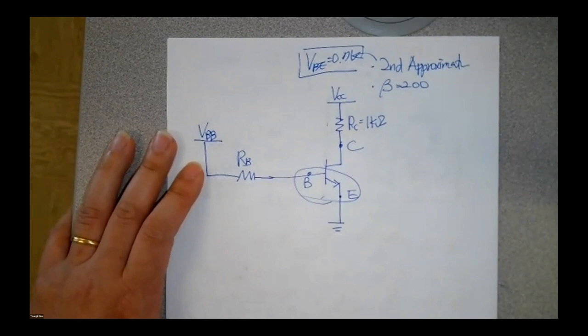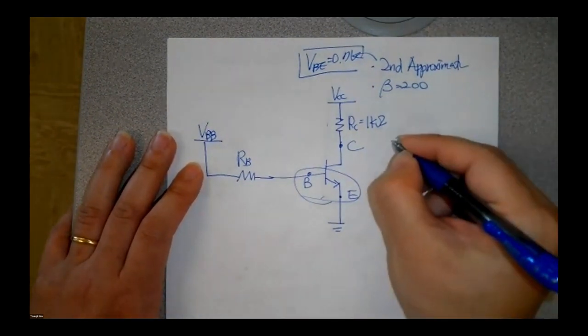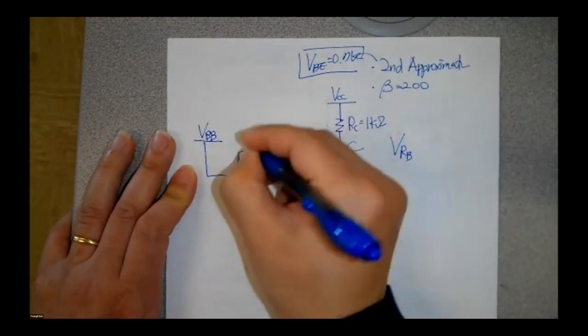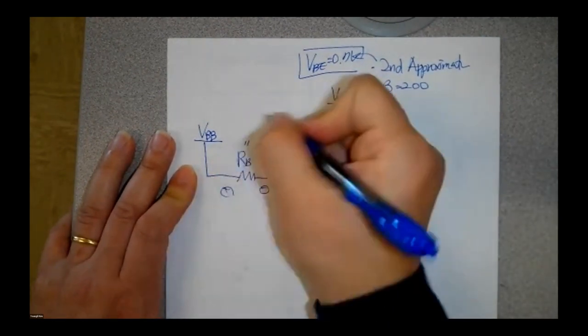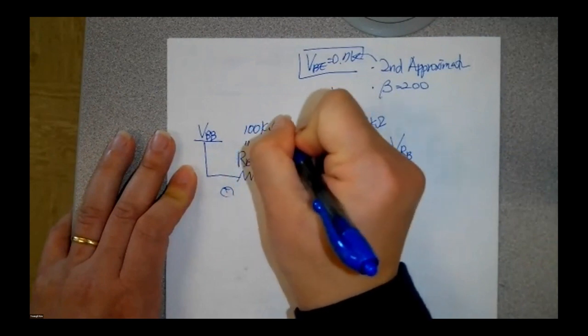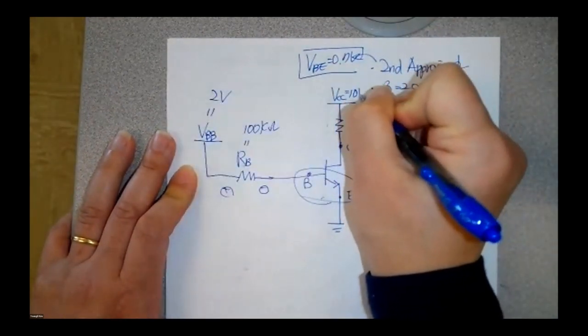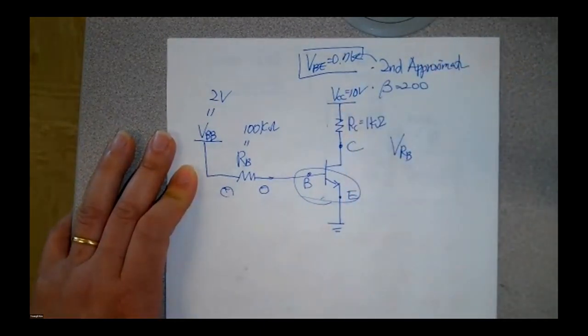Same question. What is the V sub R sub B? So R sub B is 100 kilo ohm, V sub BB is 2 volt, V sub CC is 10 volt here, and then R sub C is 1 kilo ohm here.